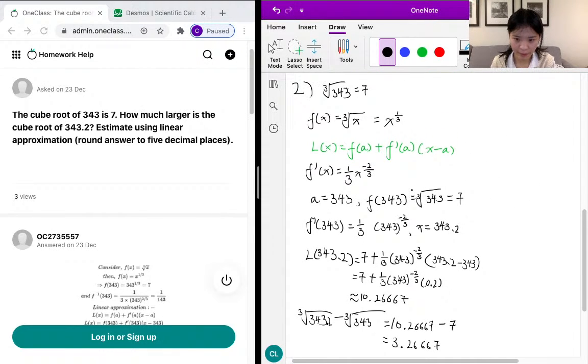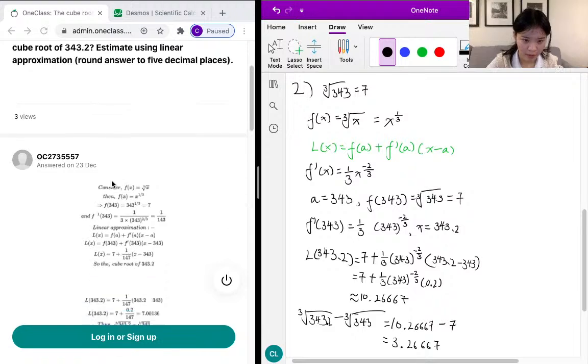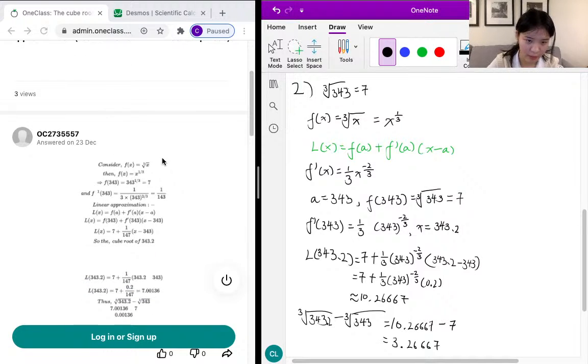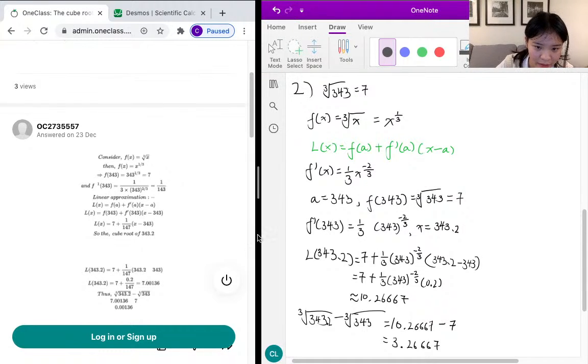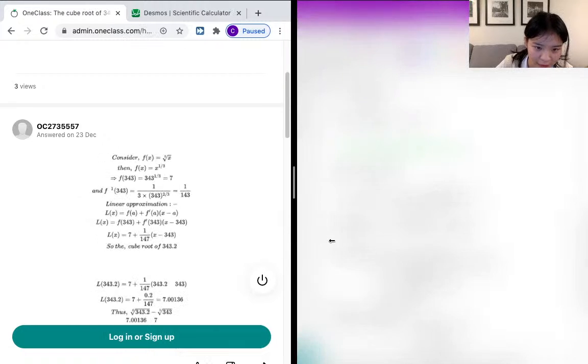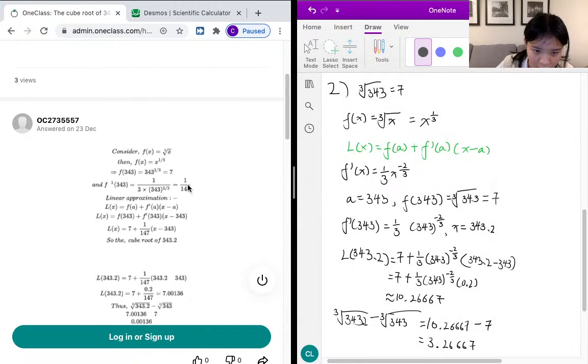All right, let's look at our sample solution here. So they also use a function f of x equals the cube root of x. I mean, you have to use that function. And then they find the value of f of a first, and they find the derivative of f of x, or f prime of a, which is probably correct.